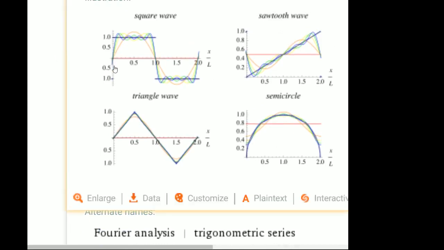For example, if you want to reproduce a square signal, so it's 1 then minus 1, you will write it as a first sine, then you will add another sine with a different frequency, and the more sines you add, the more it will fit the square wave.